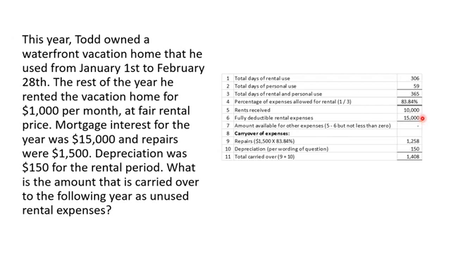His fully deductible rental expense is the mortgage interest, and that's because he can use that as an itemized deduction. He'll be able to take that in full because mortgage interest is considered to be an itemized deduction. So how much does he have available for other expenses?